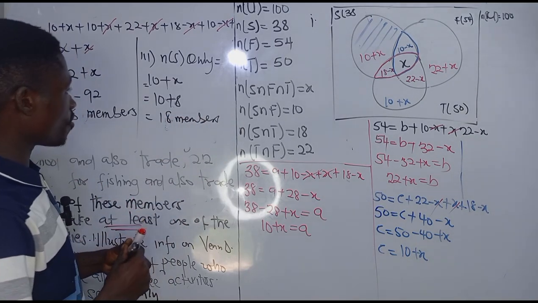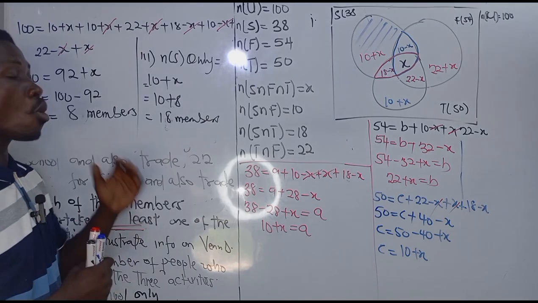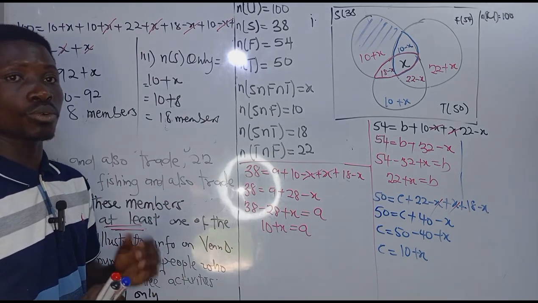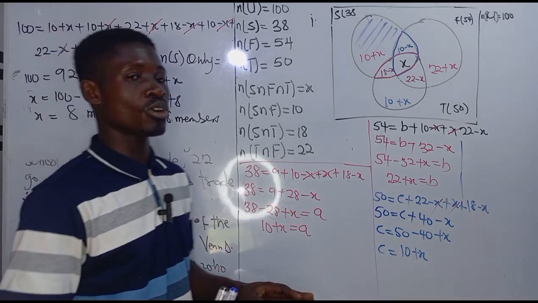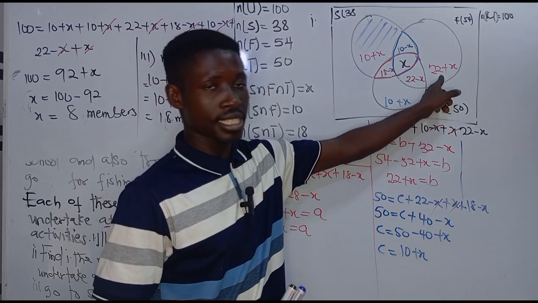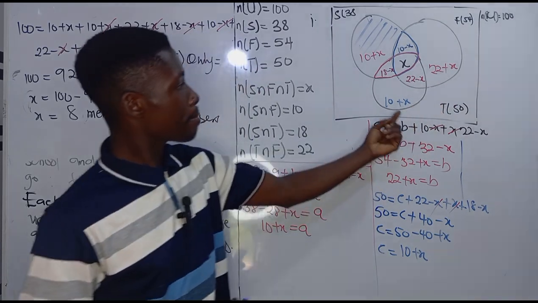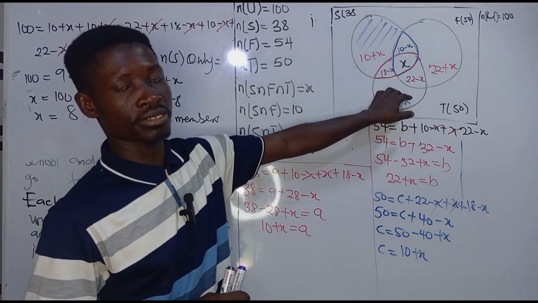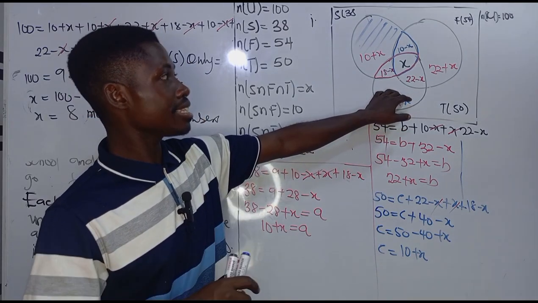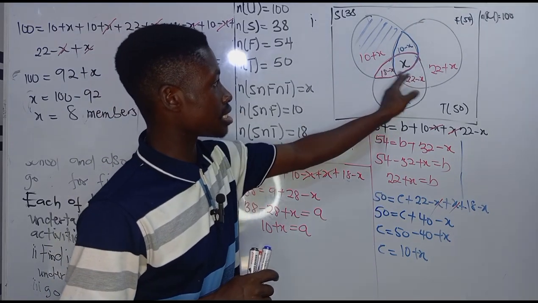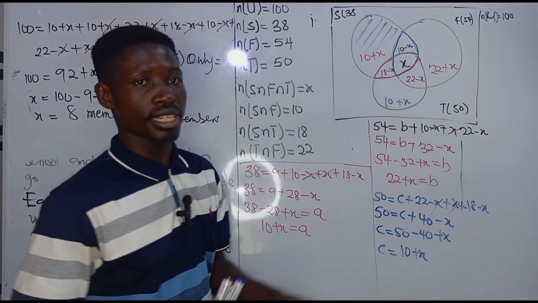So the number of people or members who go to school only, we have what? 18 members. If the question continues to ask you to find the number of members or people who go to fishing only, then it is this particular region. Trading only, then it's talking about this particular region. Exactly two activities, then we are talking about what? These regions. That is that.